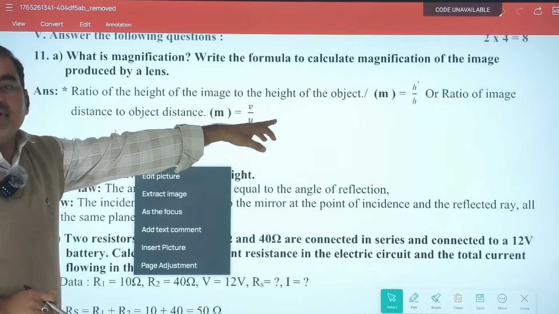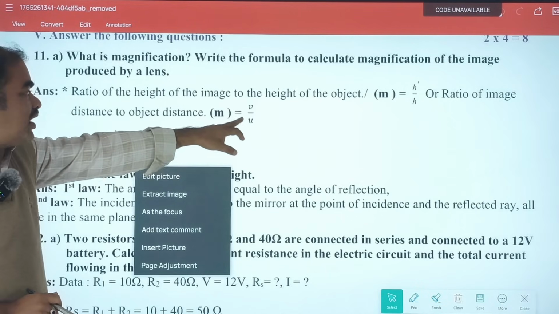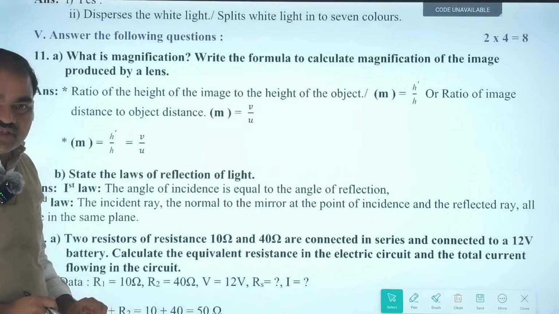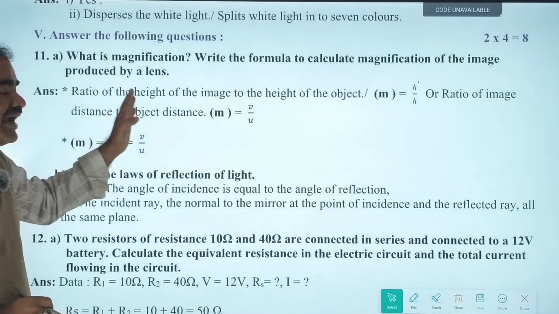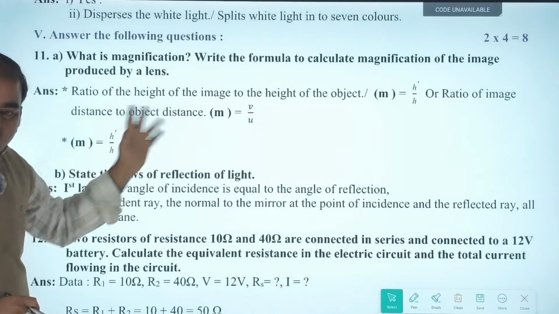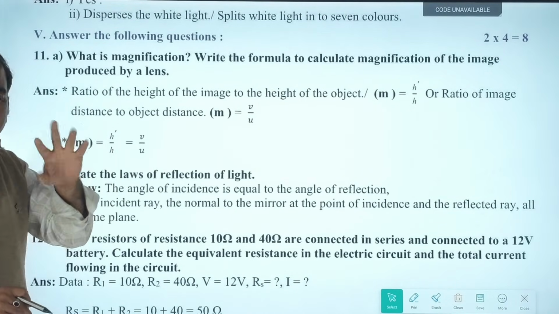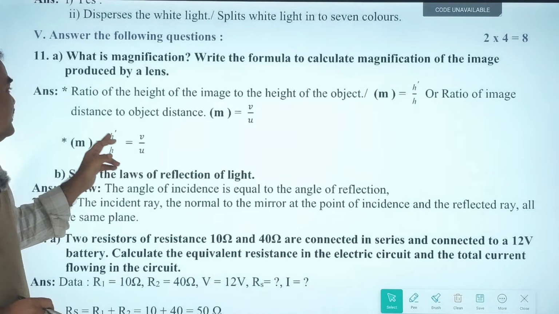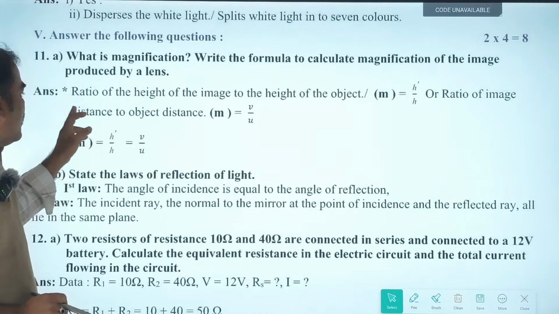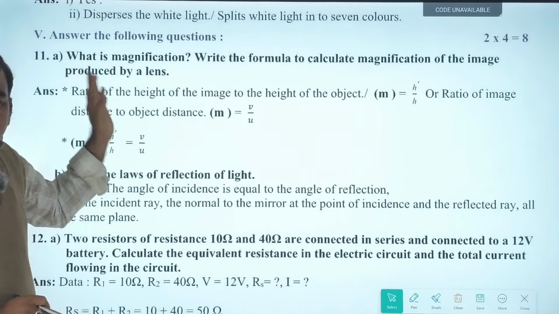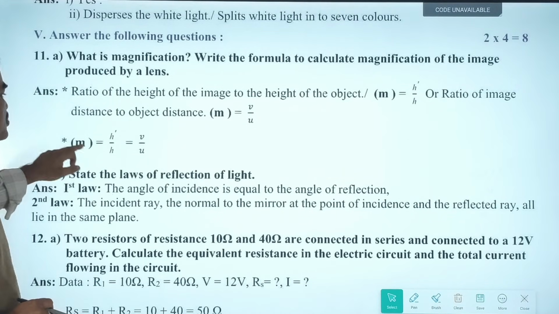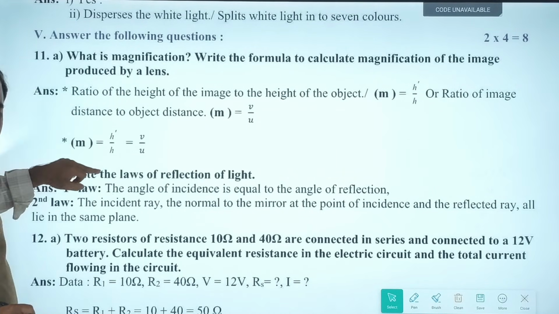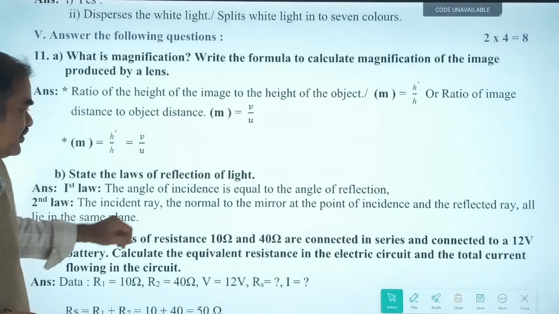Image distance is v and object distance is u. So M equals h dash by h, or v by u.